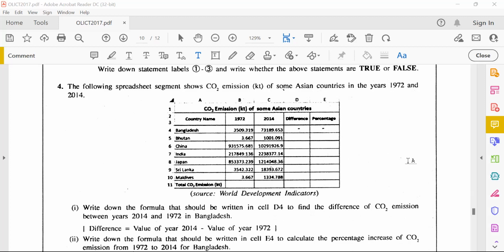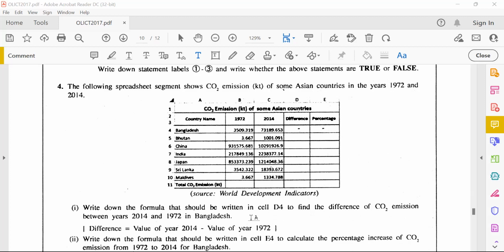So we have 2 years of CO2 emissions, right? Write down the formula that could be written in cell D4 to find the difference of CO2 emission 2014 and 1972.